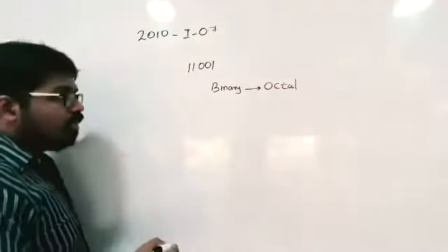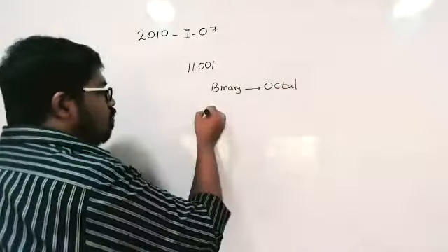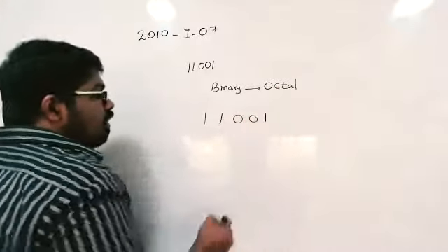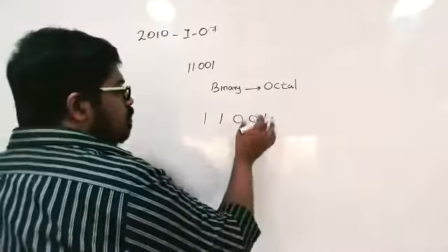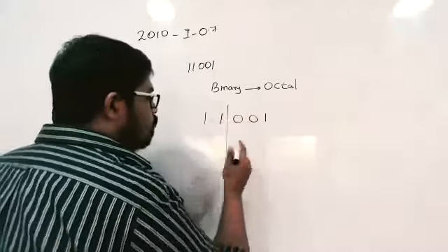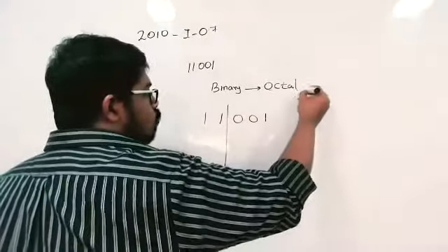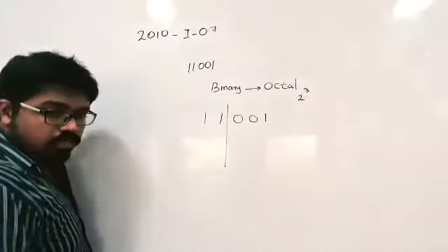When you're doing a binary to octal conversion, you have to write the binary number, then divide it into 3-digit groups from right to left. The reason behind it is that 8 is 2 to the power 3. You can memorize that.